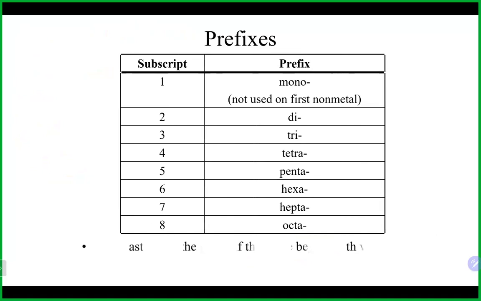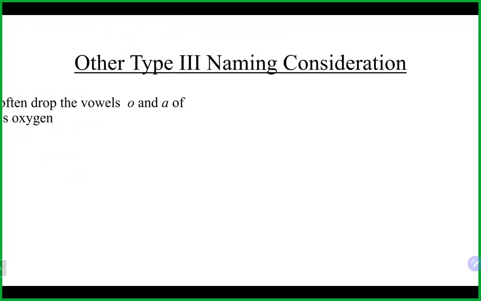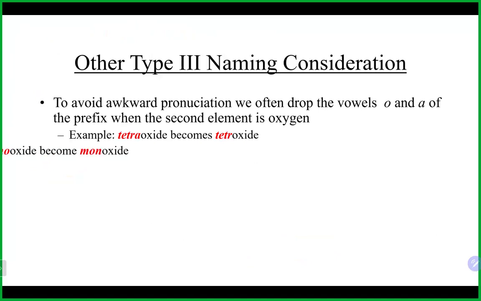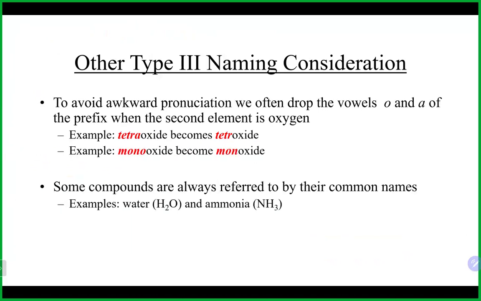Here's a table of those prefixes. And again, like I mentioned before, typically AO or OO will drop the prefix vowel. Here's a couple of those examples. Instead of tetraoxide, we will get rid of the A, and just roll right into the oxide part without the A on the prefix.